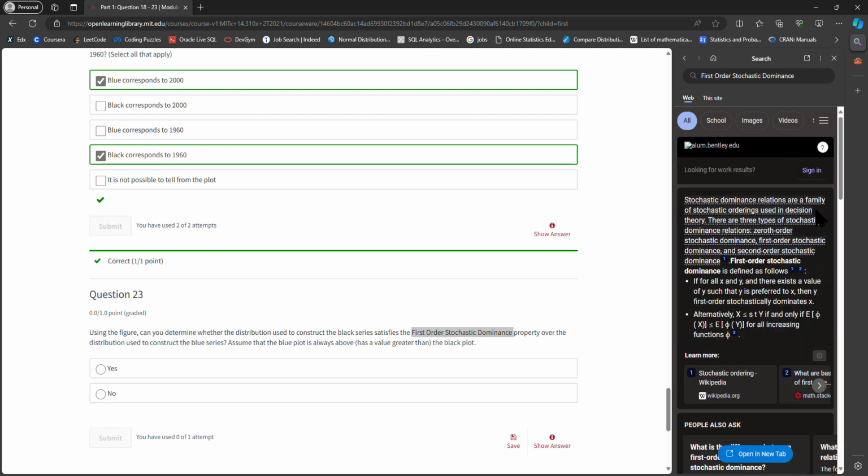Stochastic dominance relations are a family of partial orderings using distribution theory. There are three types of stochastic dominance: zeroth order, first order, and second order. It is defined as follows: if for all x and y there exists a value such that y is preferred to x, then y has first order dominance over x.